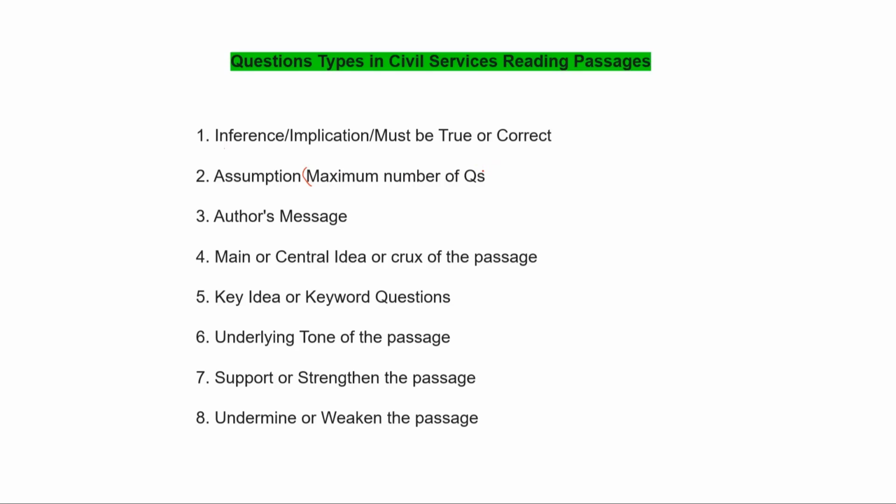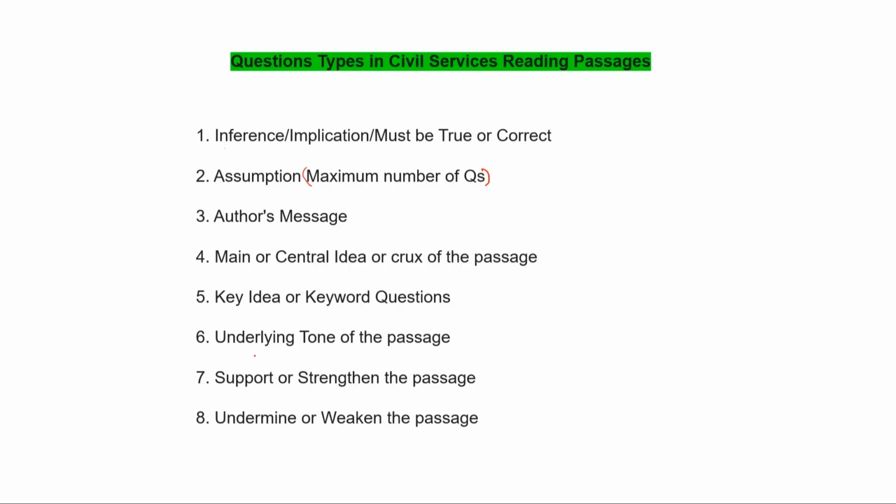Of course, sometimes you could have more questions from inference also. Third, the author's message. I mean, what is the message of the author? Fourth, what is the main idea or the central idea or crux of the passage? Fifth, the keywords or the key idea questions.